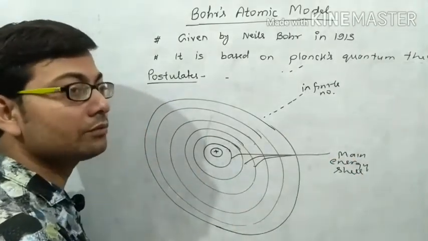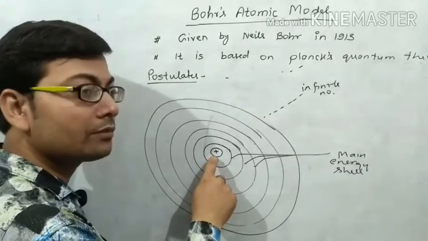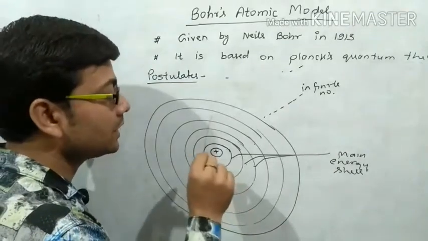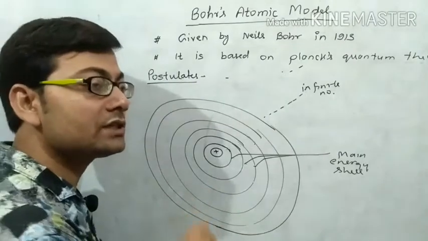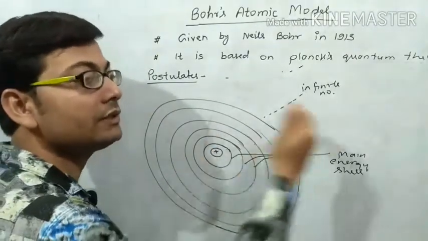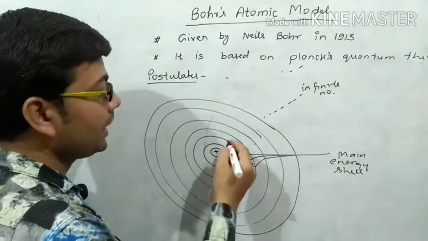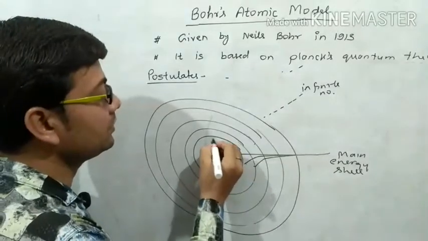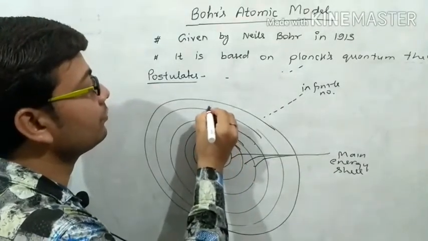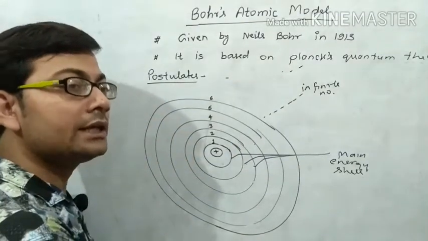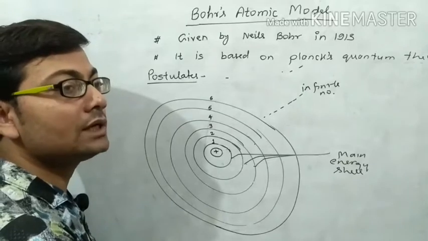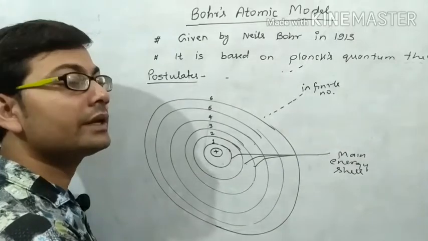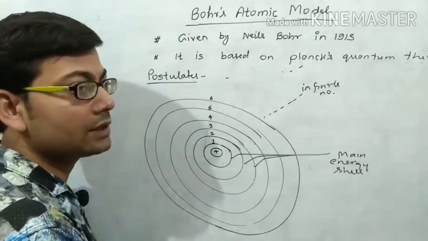And the distance of the main energy shells from the nucleus increases. And these are represented by numbers 1, 2, 3, 4, 5, 6 and so on. These numbers are called the principal quantum number, which we will discuss in the next video when we discuss quantum numbers.